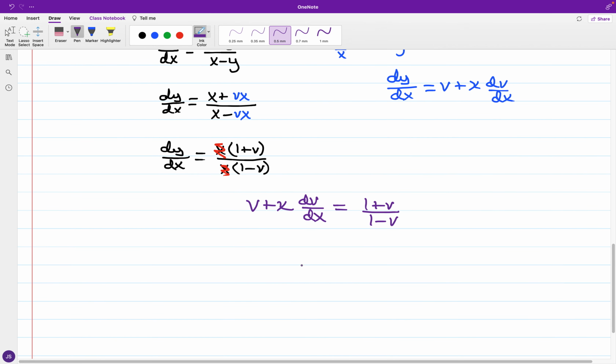And looking at isolating x dv over dx, if I take v away from both sides, so looking at subtracting v.